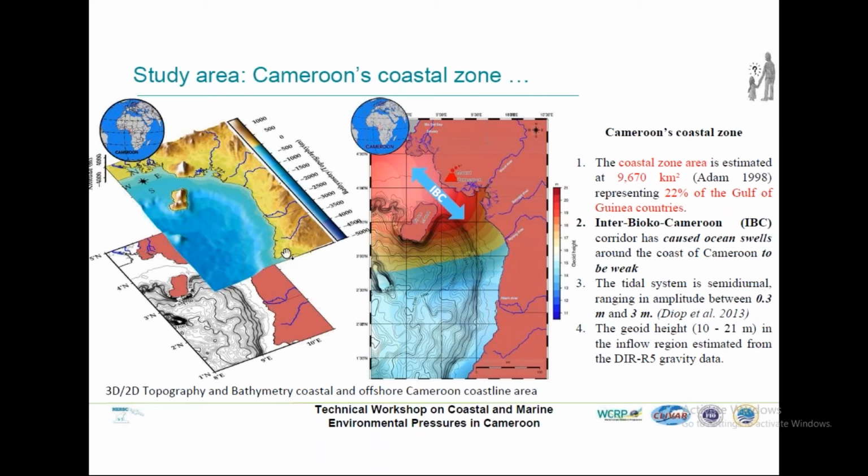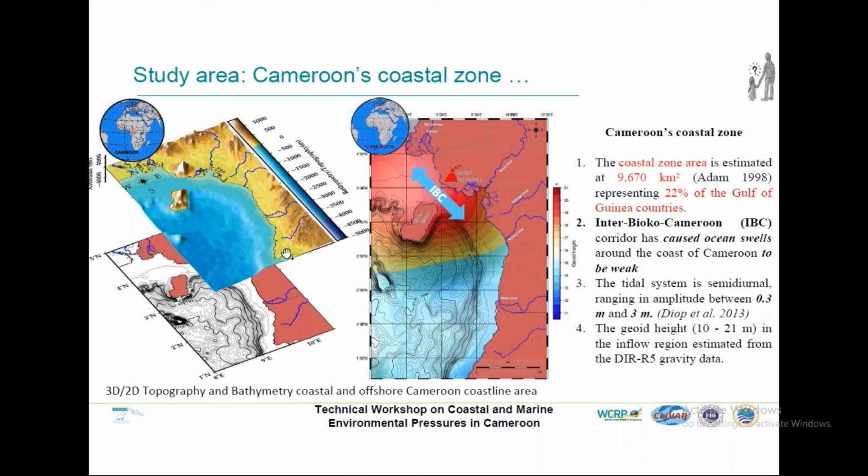On the left, I'm presenting a 3D overview of the bathymetric topography. We find that Kribi, Douala, and Limbe are, as I said in the beginning, situated near the coast, and the bathymetry here is quite flat.